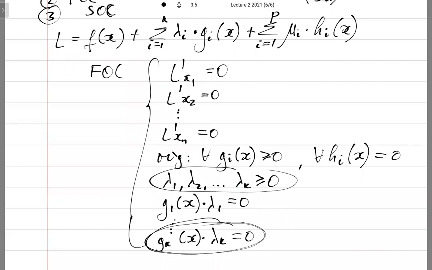And that one is the idea that we should exclude points on the boundary from which we can move inside the allowed region and get a bigger value of the function. So these conditions for non-negative lambdas prohibit situations in which I'm on the boundary and can move from the boundary and increase my function.